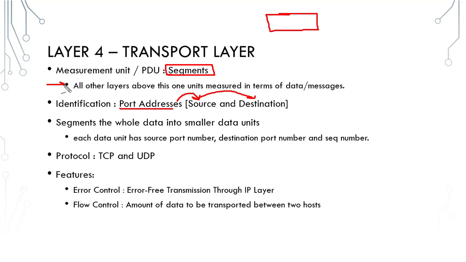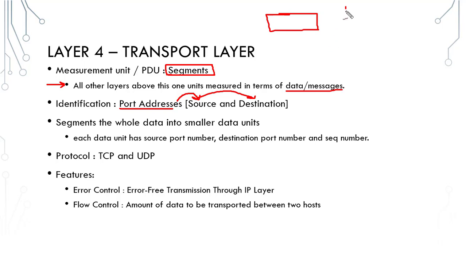From this point, all the layers above this one deal with units in terms of simple data or messages. I have explained previously that for the upper layers 5, 6, and 7 there is no name for their PDU, so we just refer to them as session PDU, presentation PDU, and application PDU. The only naming conventions of the PDUs are from layer 1 to layer 4 that we have discussed.